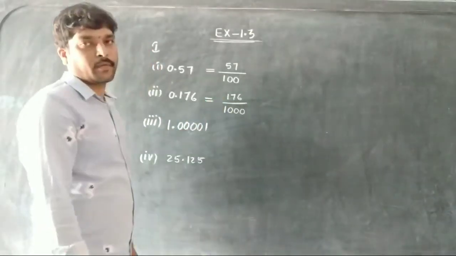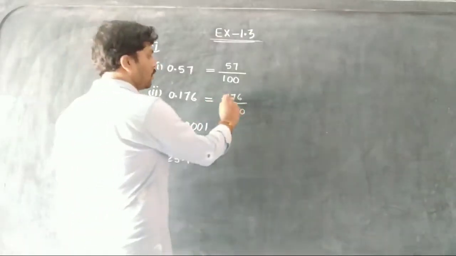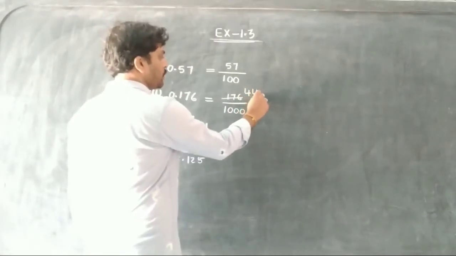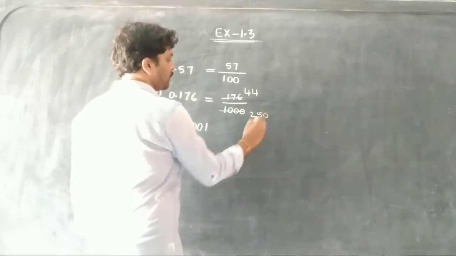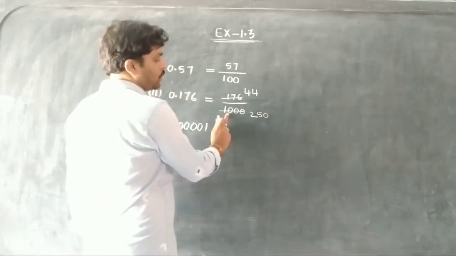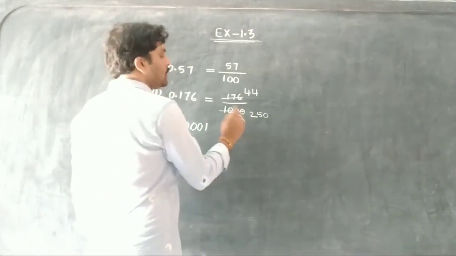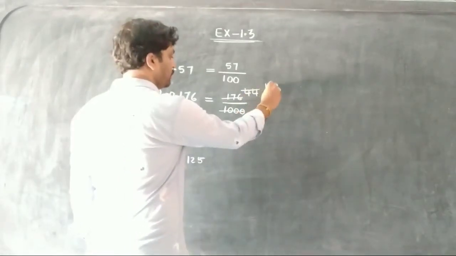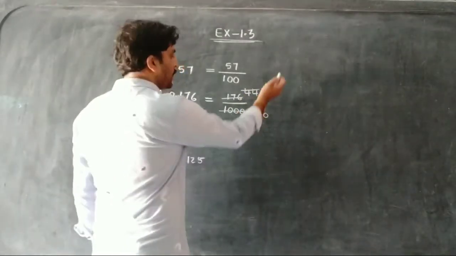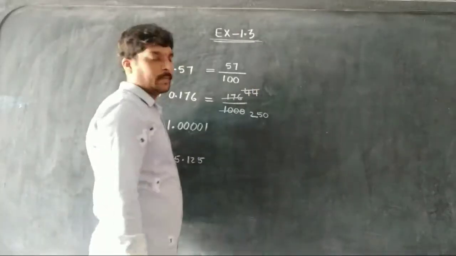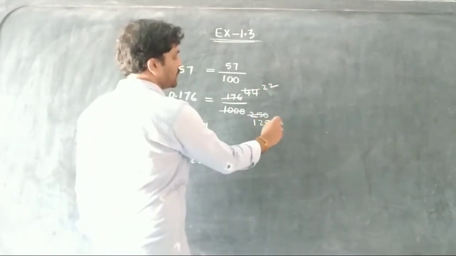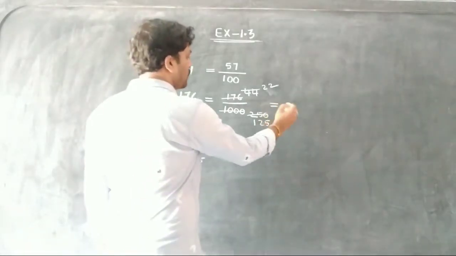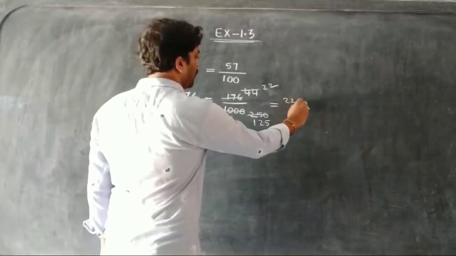These two are cancelled by the 4 table: 4 4s are 16, 4 2s are 8, 4 5s are 20. Next, 4 11s are 44, the 4 table won't cancel, so you can take the 2 table. 2 2s are 4, 2 1s are 2, 2 5s are 10. So finally we got 22 by 125.